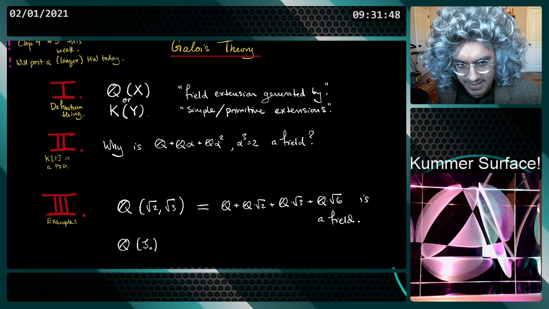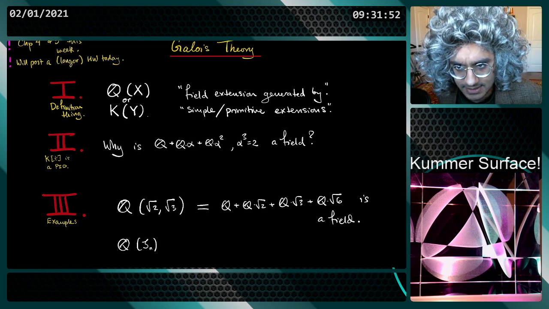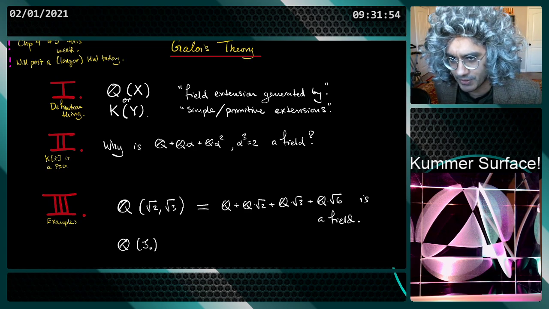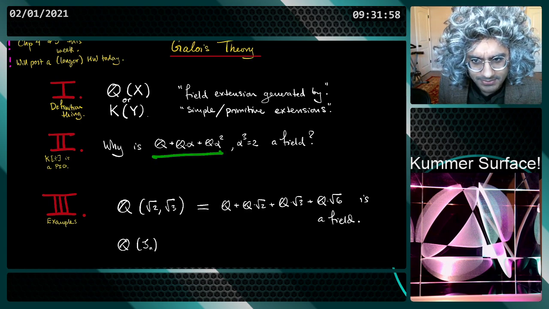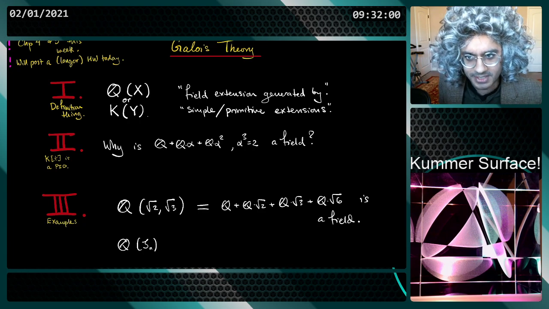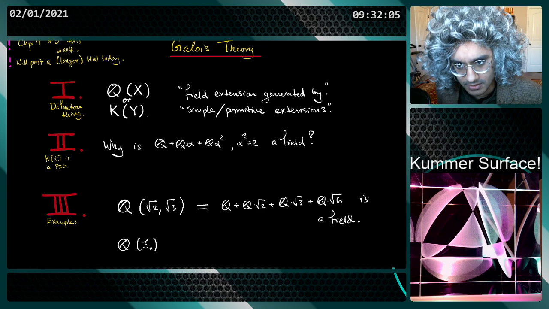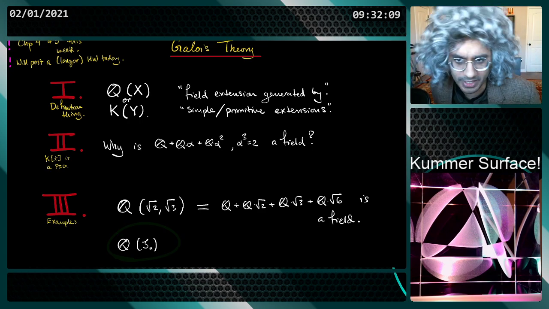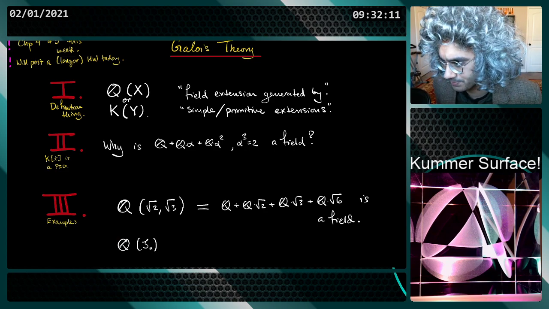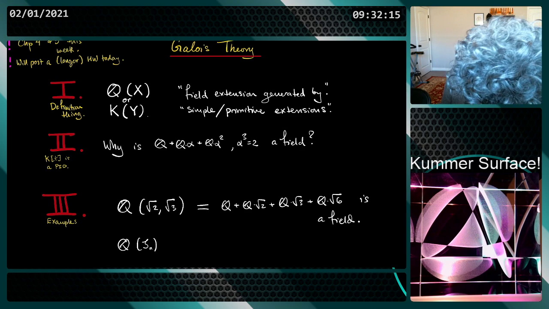Then I'll get to this thing that I assigned last week: why the heck is this thing a field? And then we'll discuss other examples, like this one, which I made a mistake on last time, and some other ones. Just play around. Examples. Cool. Okay, let's begin.